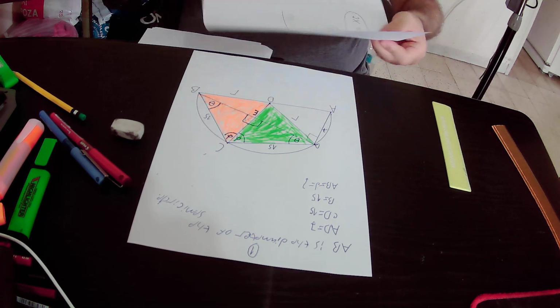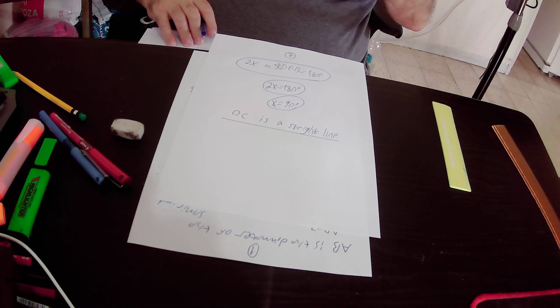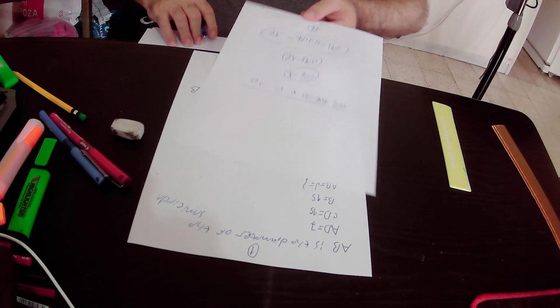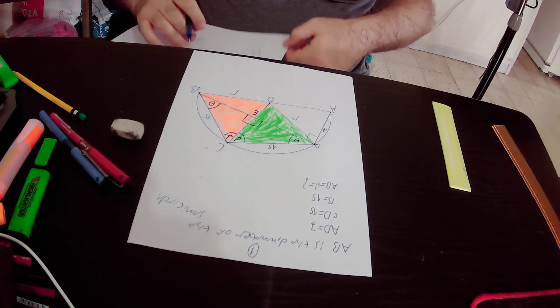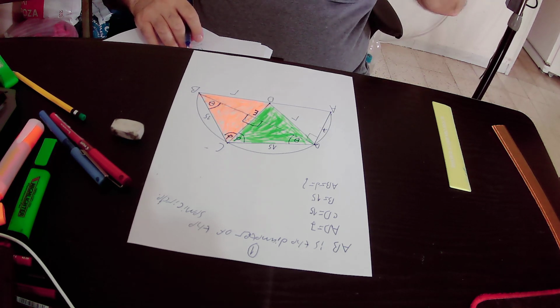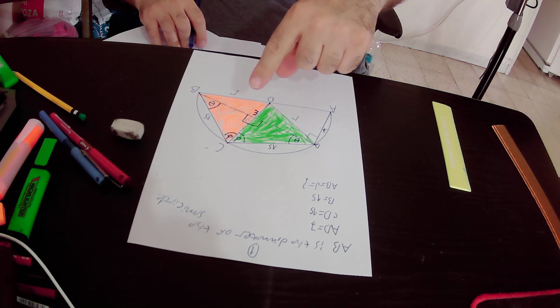Again, OC is a straight line according to our construction. We connected points O and C by a straight line. And again, according to rule number 3, the sum of the angles on the straight line OC equals 180 degrees.